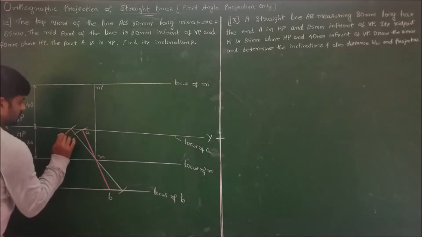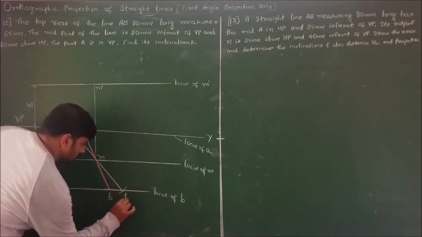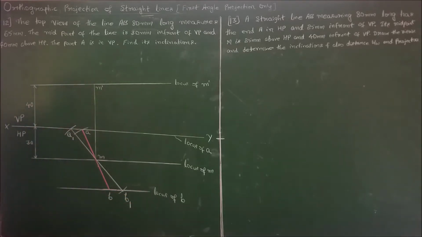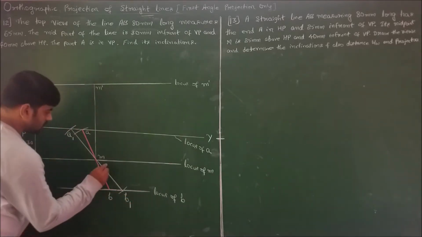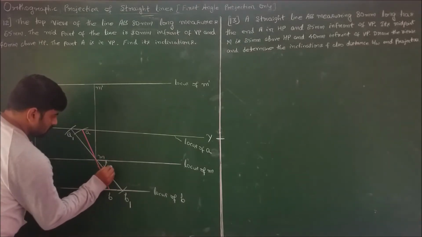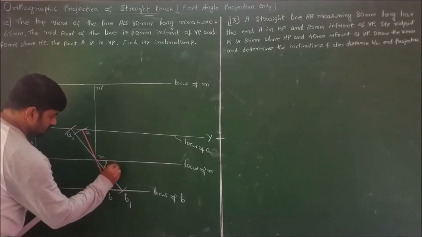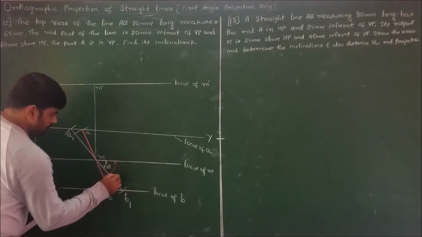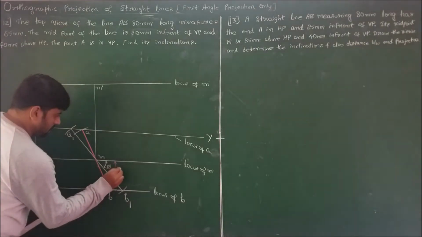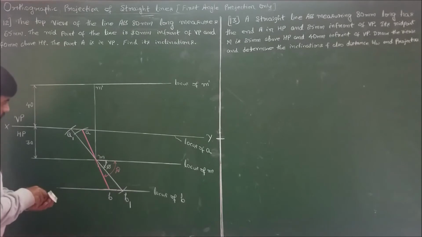So this is A1 and this is B1. So now you can measure the angles. So this is angle phi, true inclination, and this is angle beta, apparent inclination. And these measurements are known to us.